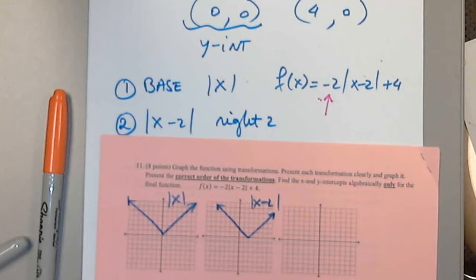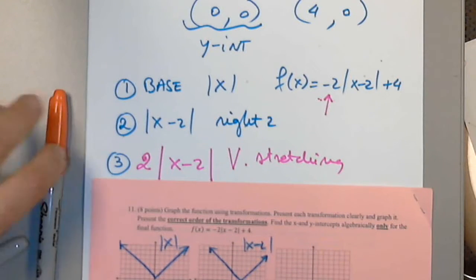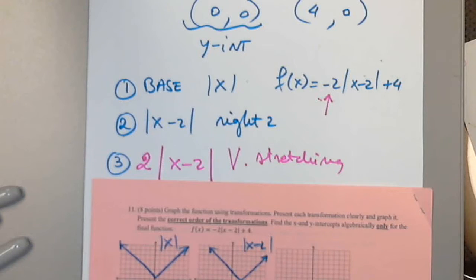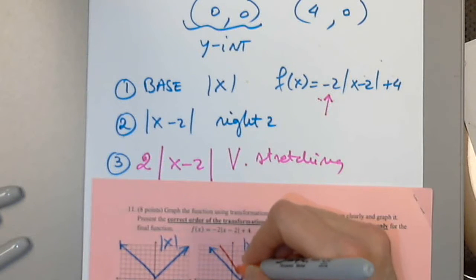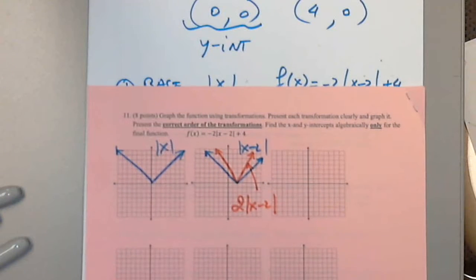Then you said vertical stretching. I'm not going to find points. So vertical stretching, obviously, by a factor of 2. Well, this point will move up here and so on and so forth. Well, this is a vertical stretch. So this one is 2 times the absolute value of x minus 2. Then you said flip it. Okay, I'm going to flip it.